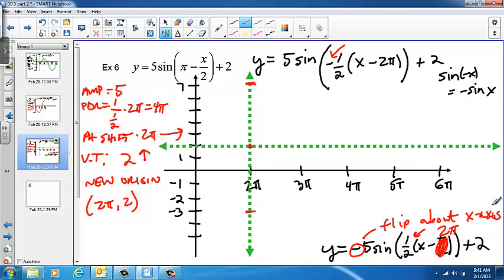So normally we would start at the origin and go up, but now we're going to go down. So it goes like this. There you go, gentlemen. That's one full cycle of this sine curve, starting at the new origin, which is 2 pi, 2.